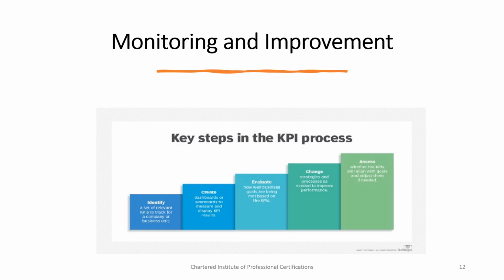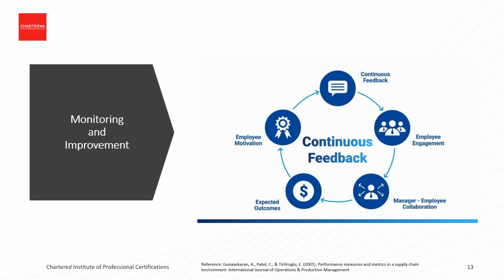Regularly tracking these KPIs can provide valuable insights into how well the automation technologies are performing and where improvements may be needed. Another important feature of monitoring and improvement is user feedback.